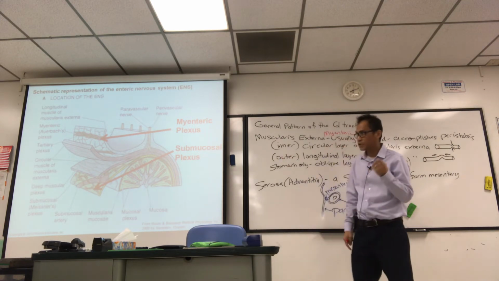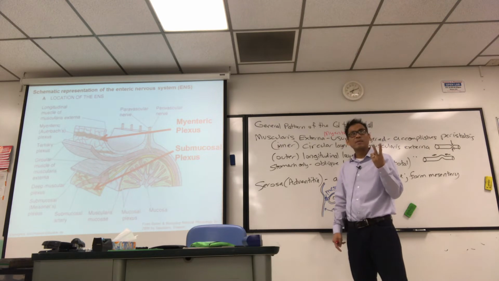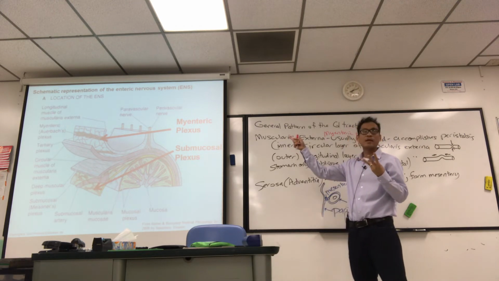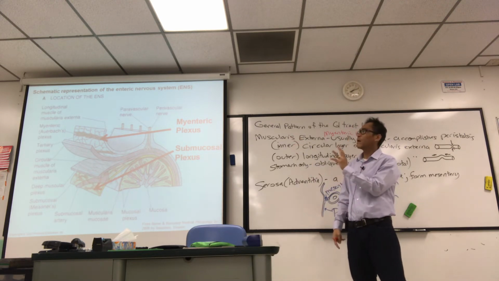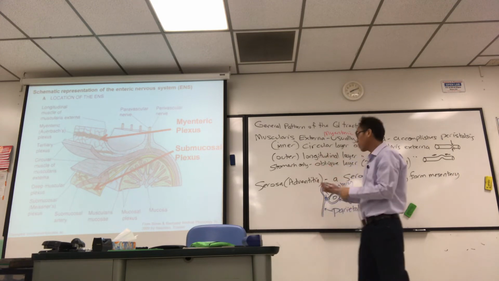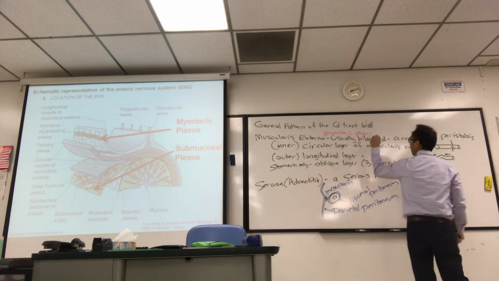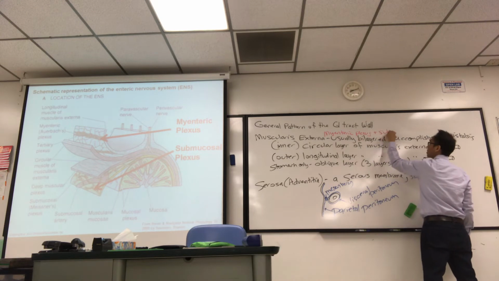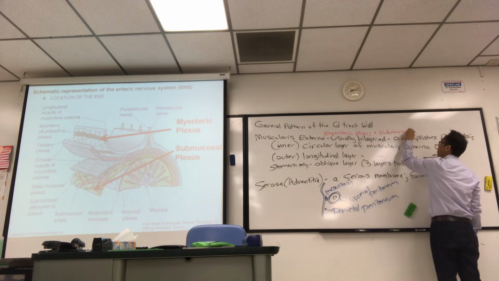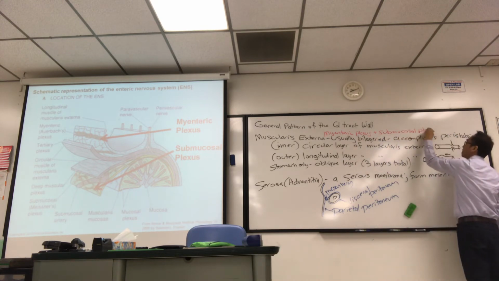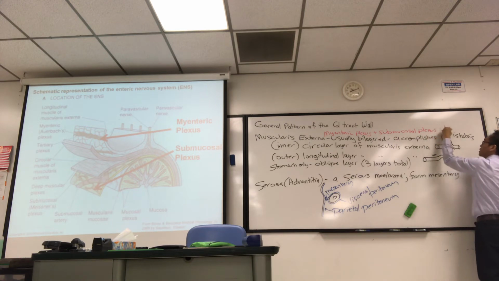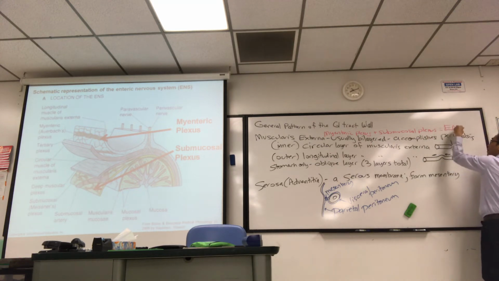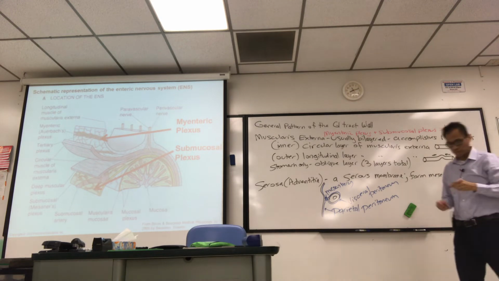We do a good job teaching the autonomic and somatic, but we really don't teach this one very much. It's basically the nervous system of the GI tract. So myenteric plexus plus submucosal plexus equals ENS, the enteric nervous system.